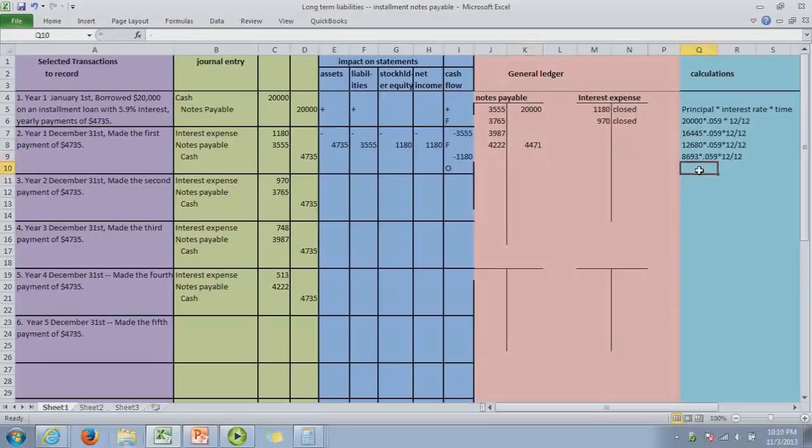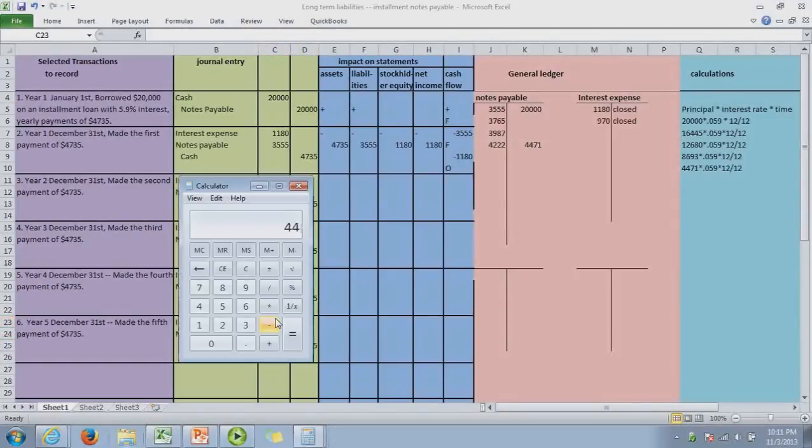And so in the last payment, 4,471 times 0.059 times 12 over 12, hopefully this is the last payment that we make. Okay, same payment, the smallest amount of interest that we're going to have. So let's throw that in there.